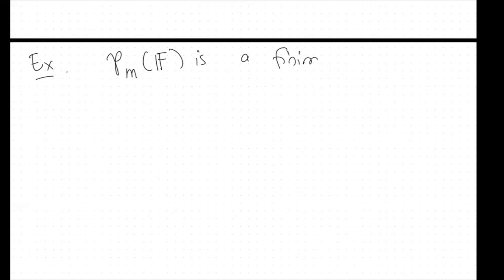As an example, Pm is finite dimensional.